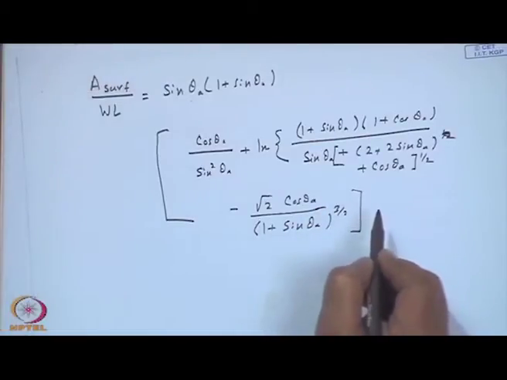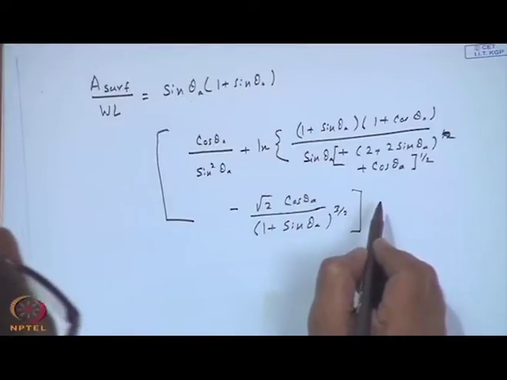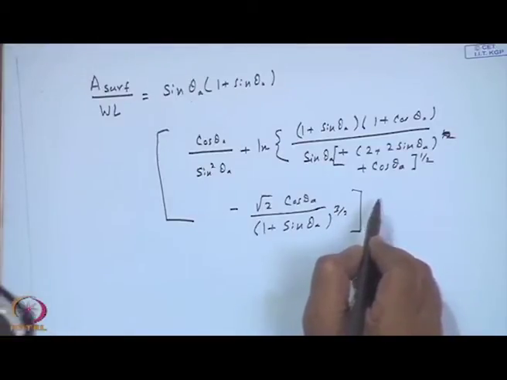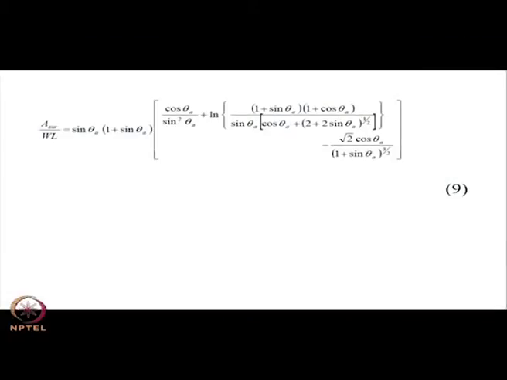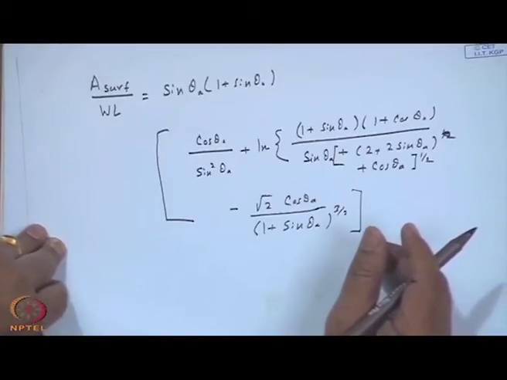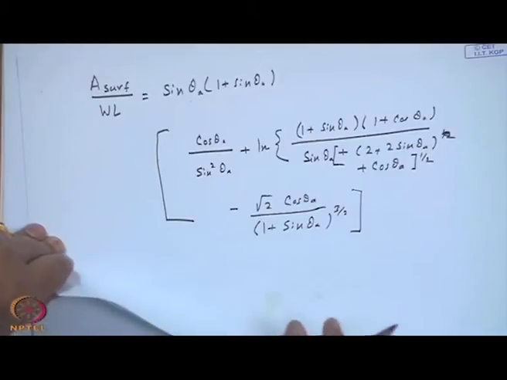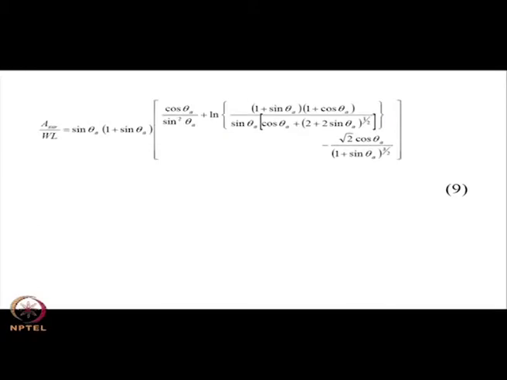Now, I would urge you to take these relations as they are. What should be the surface area to aperture area ratio in the case of a compound parabolic collector? It is expressed in terms of the geometric factor, the angle of acceptance theta A. You can refer to any book including Duffie and Beckman, and if there are any slight differences in the plus minus signs, you can correct it.